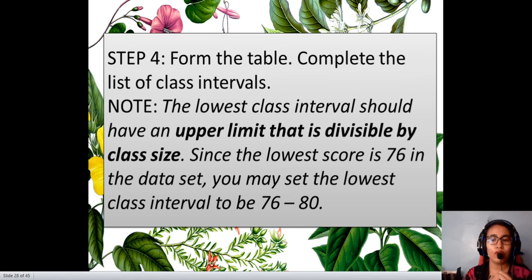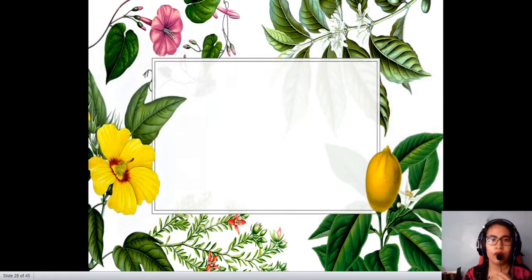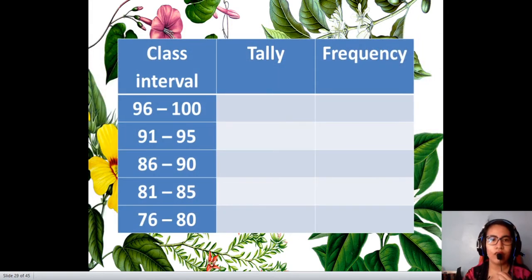So we're going to start with that, then go up to the highest score or grade. So this is how it looks: 76 to 80, 81 to 85, 86 to 90, 91 to 95, 96 to 100.